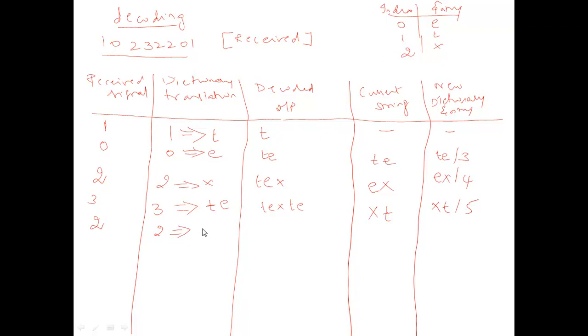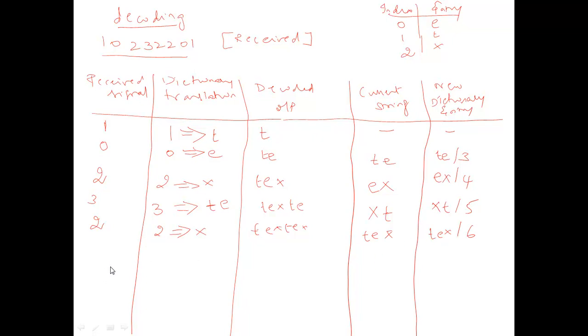The translation is X. So the decoder output is TEX and TEX has come now. Current string: previous translation TE with the first letter of the present translation, only one letter, X. This is the current string. This current string will be entered as a new dictionary entry with the index 6.